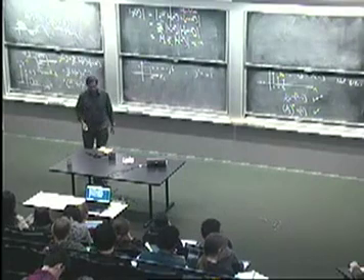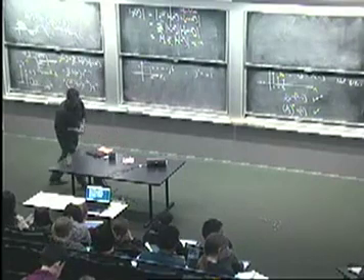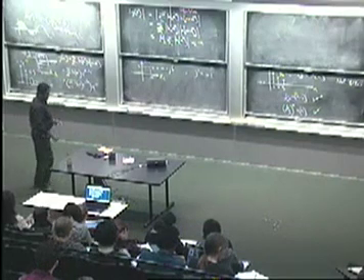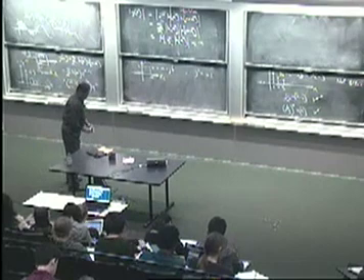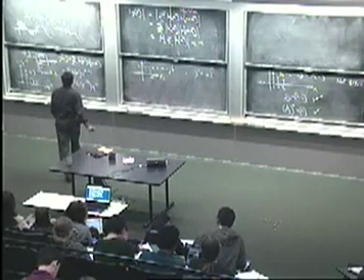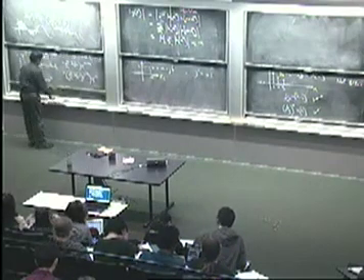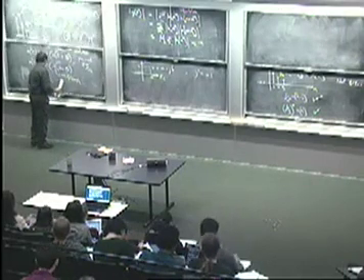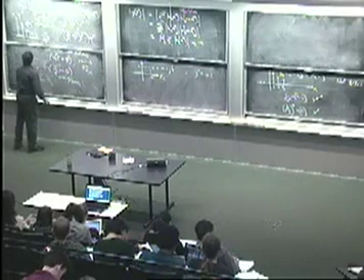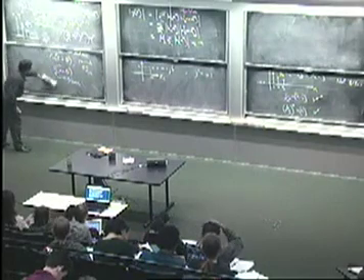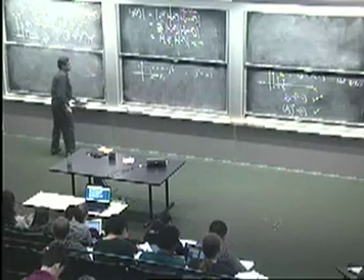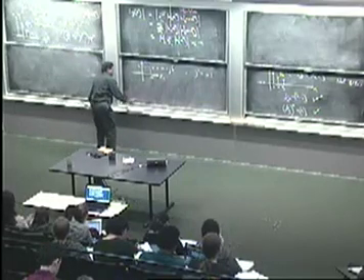The key identity that you need is Euler's identity. Let me actually write it on the board and leave it there because we'll be coming back to it multiple times. Well, actually, I can have it on this board because it's really the same.